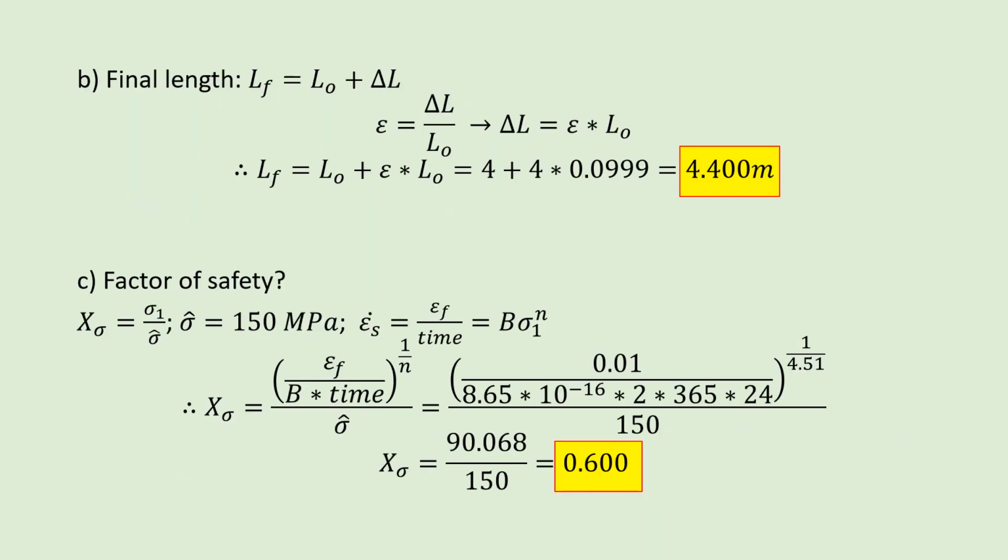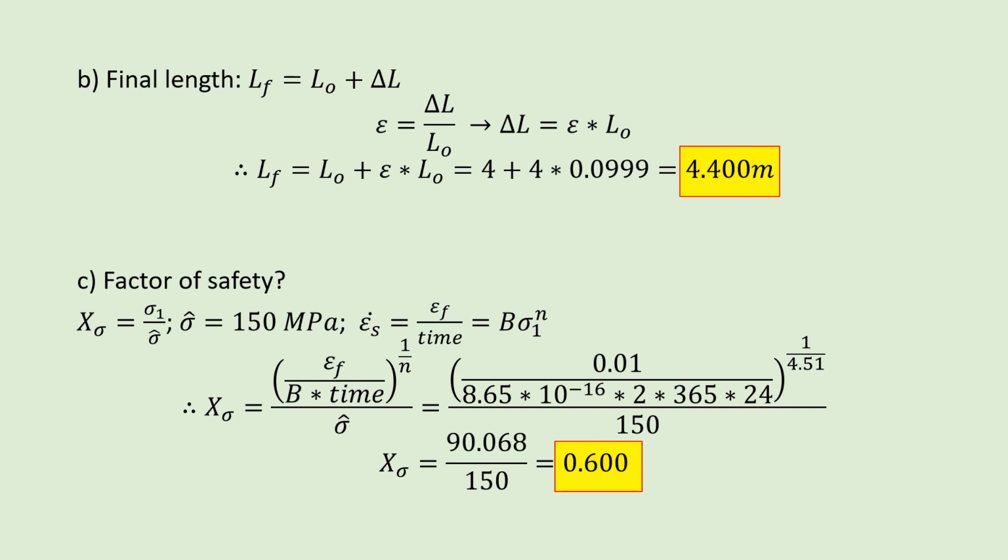For the second part of this problem, we need to determine the final length of the bar. And we know that the final length is equal to the initial length plus the change in length. So L sub f equals L sub naught plus delta L. We know the initial length from the problem is 4 meters. What we don't know is the change in length, but we can determine that using the equation for strain, where strain is change in length divided by initial length.